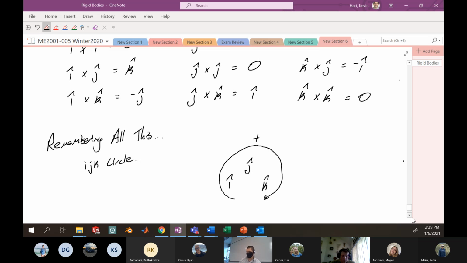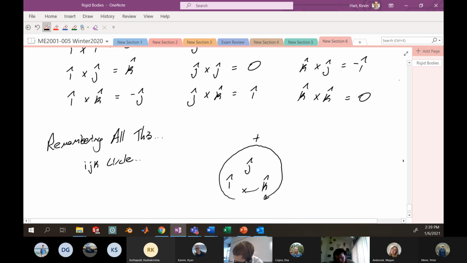Some people like to draw this in different orientations. This is the way that I learned it. It just seems natural to me to go clockwise, IJK. If you do I cross J, you get a positive K. If you do J crossed with K, you get a positive I. As long as you're going this way around the circle, it works out that way.